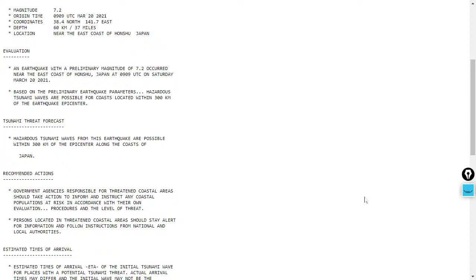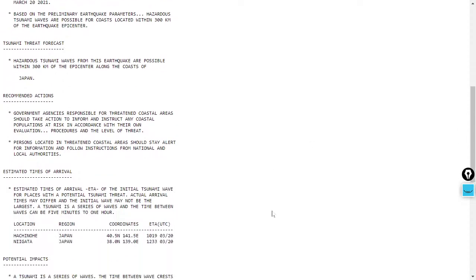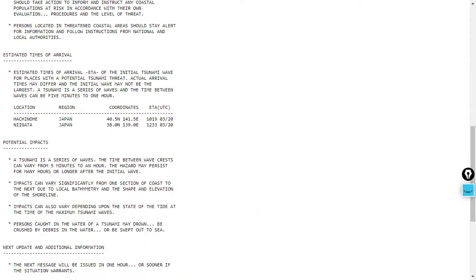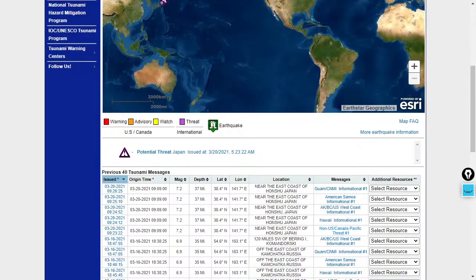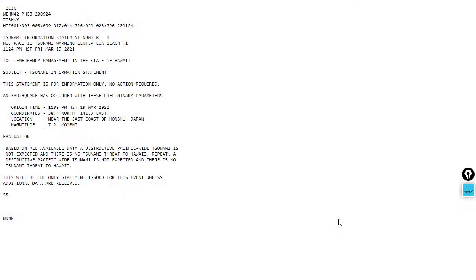Hazardous tsunamis are possible within 300 kilometers of the epicenter along the coasts of Japan. Check it out. They've got estimated arrival times. So that happening suddenly. And thanks again, Mary.